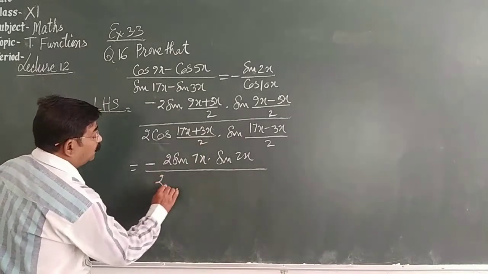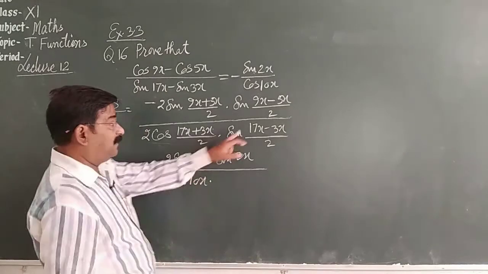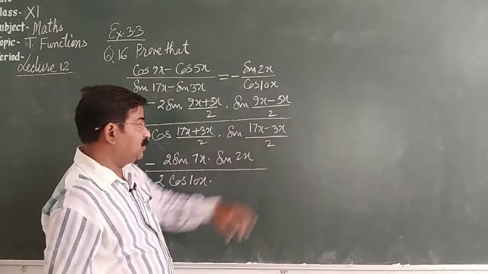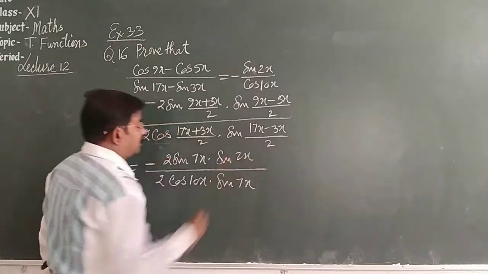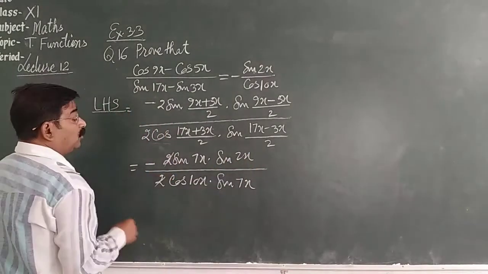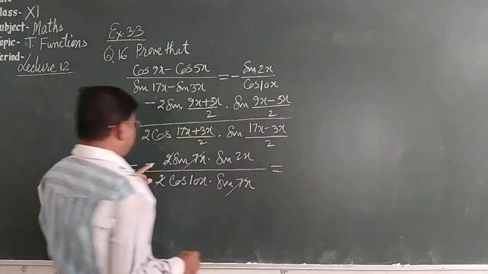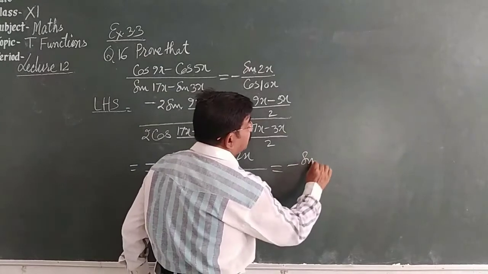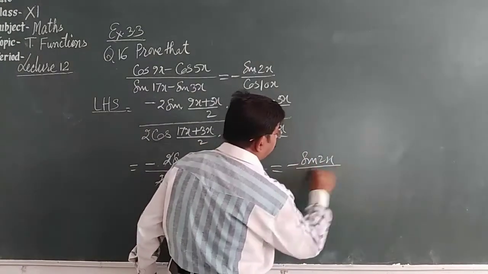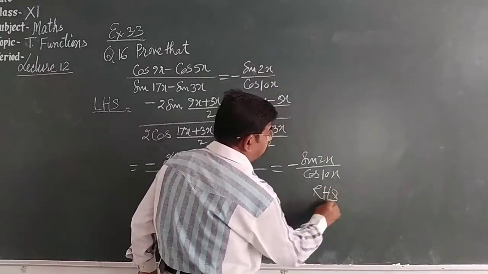So we have 2 cos 10x into 17 minus 3 is 14 by 2 is 7, so we have sin 7x. See, first 2 and 2 will go, and sin 7x will go. What is left? We have minus sin 2x upon cos 10x. This is the right hand side. Got it?